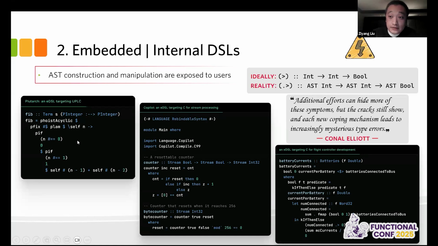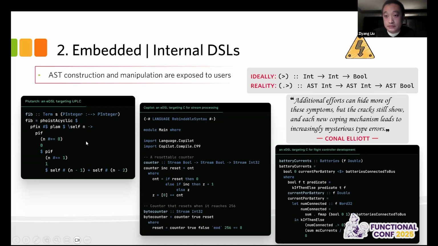As you can see, this is not normal Haskell. It doesn't look anything like regular Haskell because everything is different. Instead of integer, you're using p integer. Instead of a regular function arrow, you're using this customized arrow. And instead of if then else, you're using this p if, and the equality operator is also different. So everything is different.